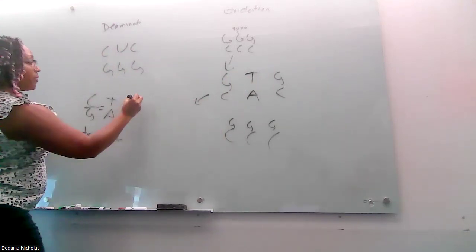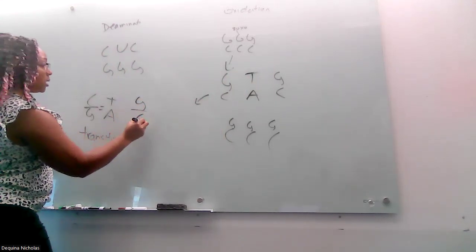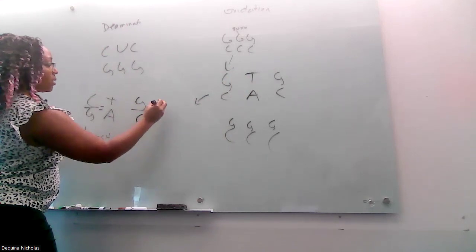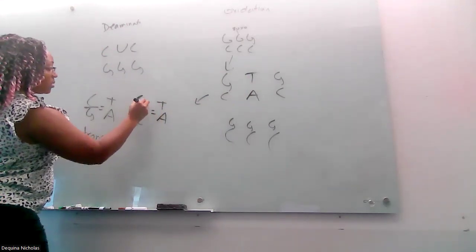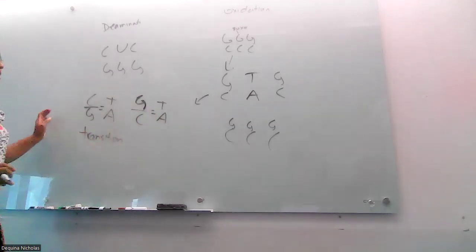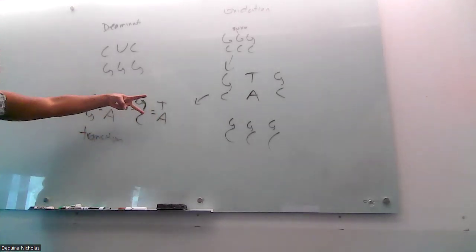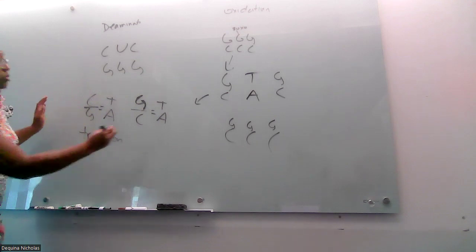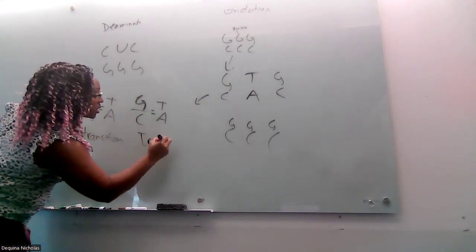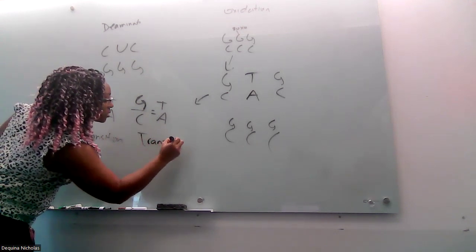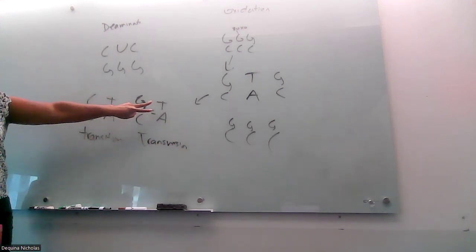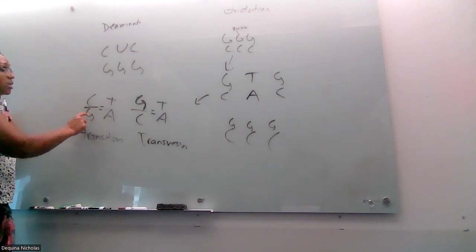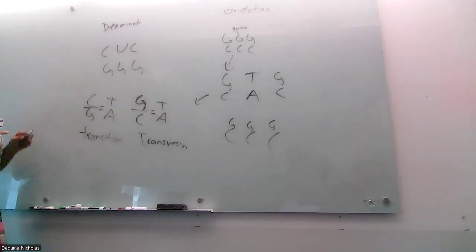So now you have a G to C that became a T to A. So basically, it's the flip. You're still getting the same two base pairs, but instead of it being C, G, it's an inverse, and that's a transversion.